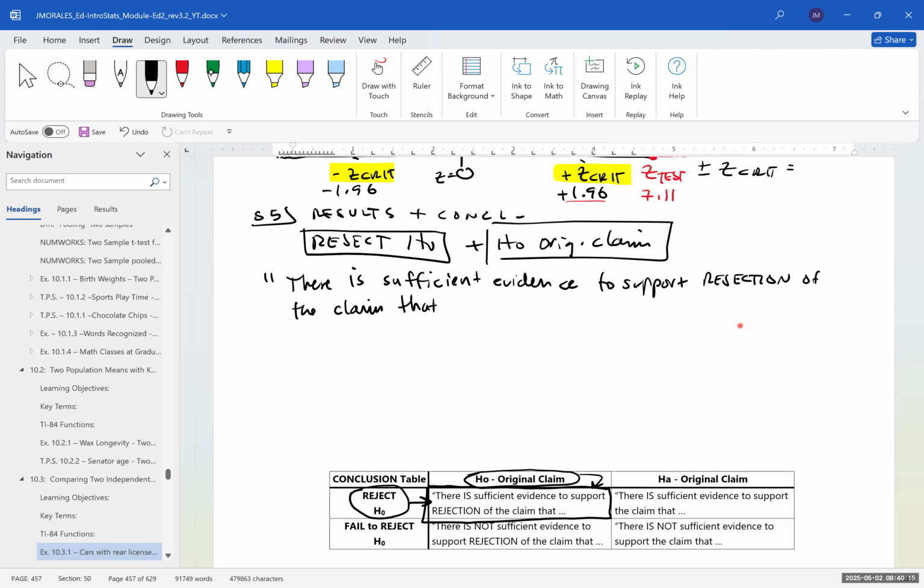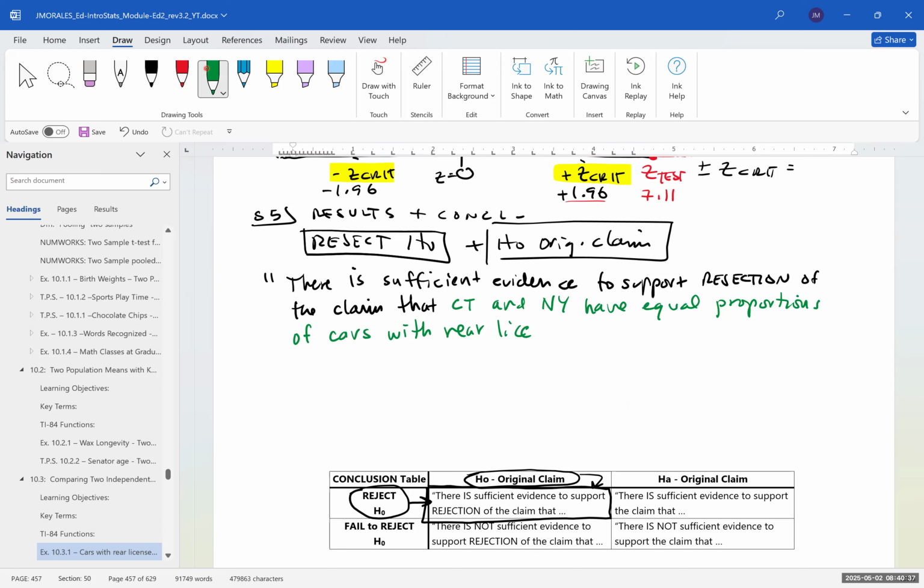Trying to switch pen colors here. Okay, that Connecticut and New York have equal proportions of cars with rear license plates only.